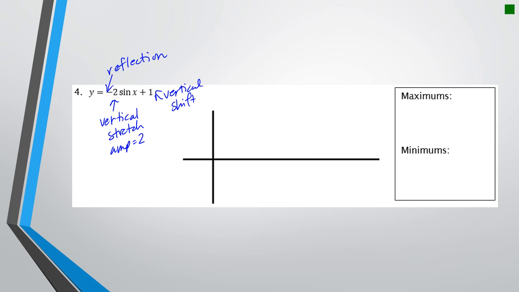So the first thing I'm going to do is my standard function, which usually goes up to 1 and down to -1. So that would be 0, 1, 0, -1, and 0. So here's my standard function. That's like the parent.